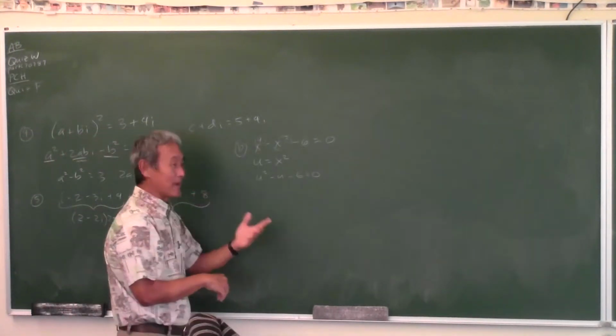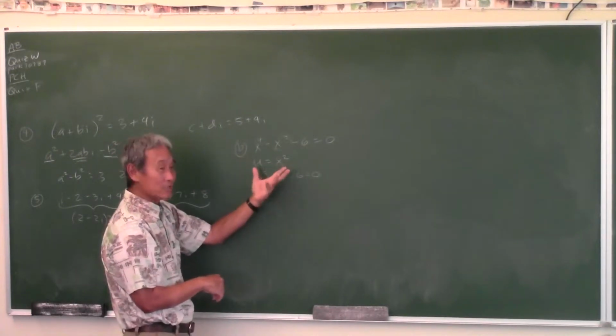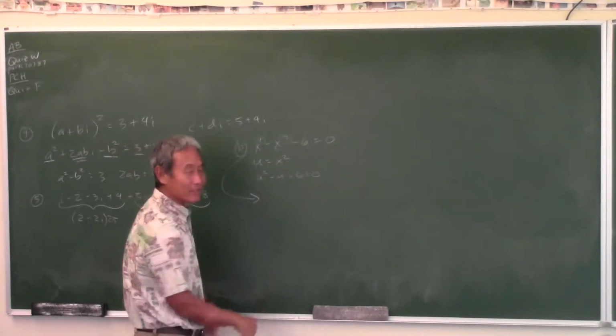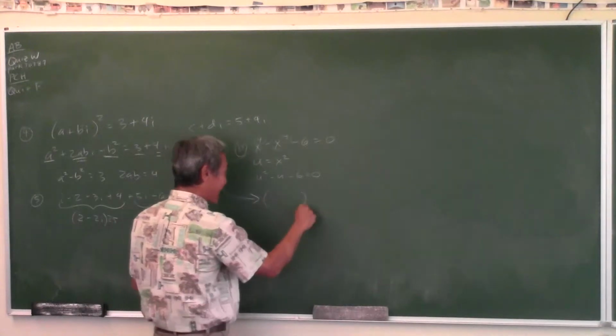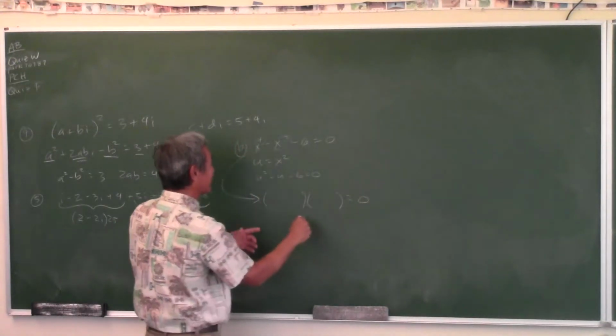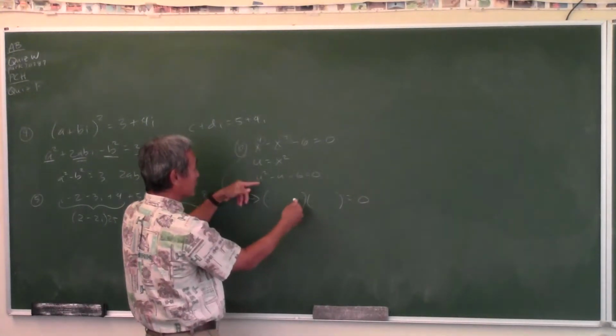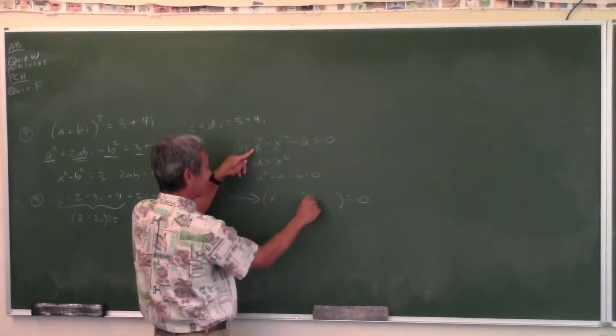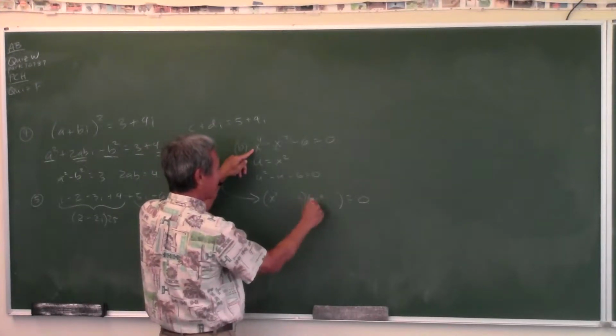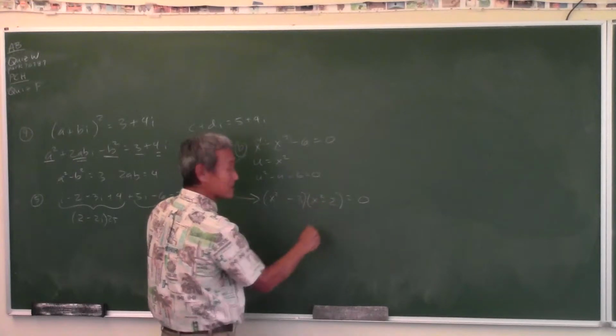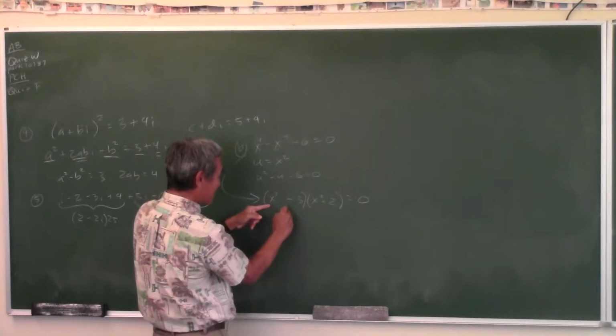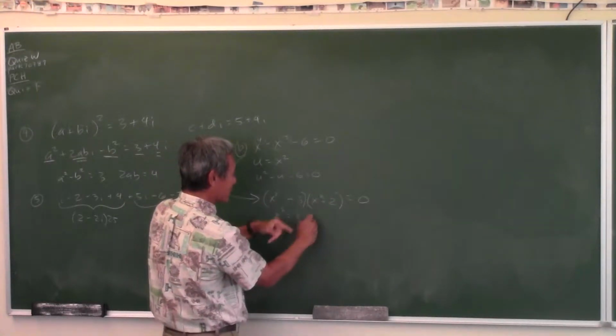You can make a U substitution, but once you notice the quadratic form, no need to. Just factor it like a quadratic. So instead of U and U, you go x squared and x squared, 3 and 2, minus plus. So that means x squared is equal to 3 or negative 2.